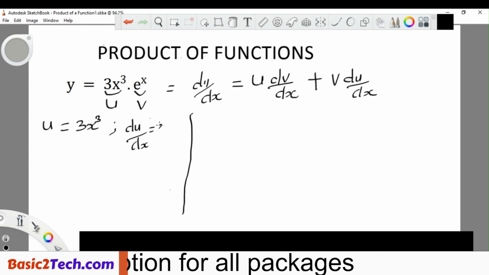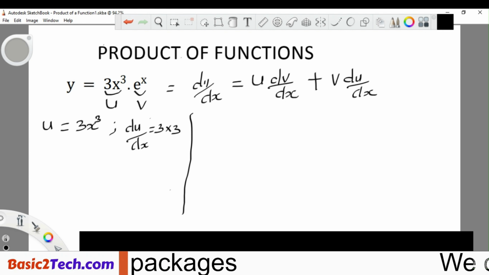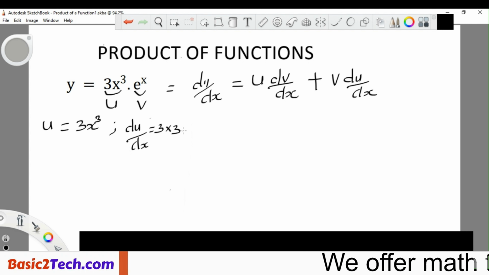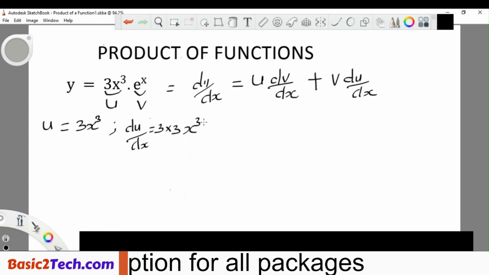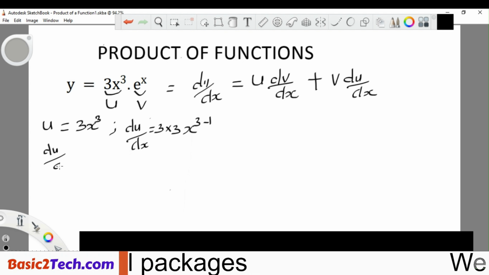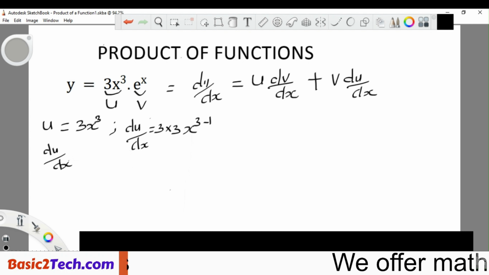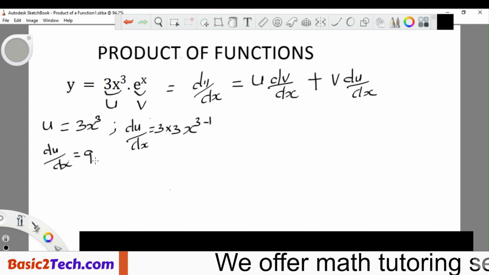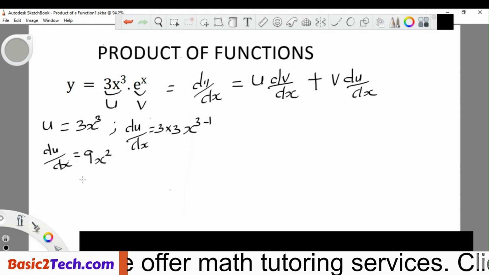So we have 3 times 3x, then we subtract 1 from the power, which is 3 minus 1. So therefore, we have du/dx is equal to 3 times 3 is 9. So we have 9x, 3 minus 1 is 2. That is our du/dx.